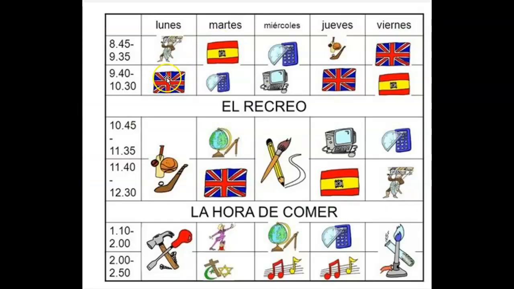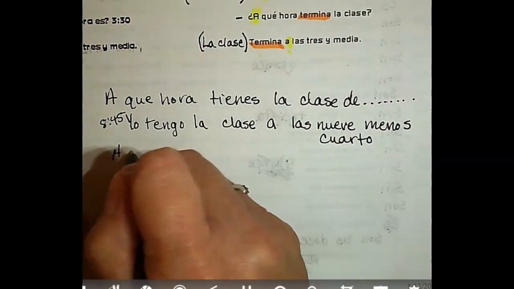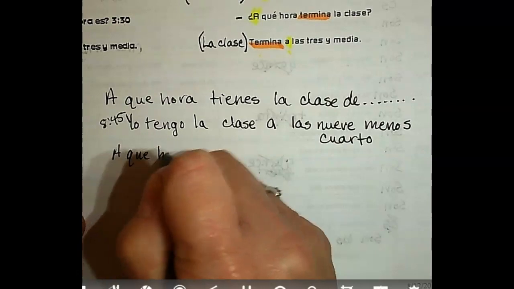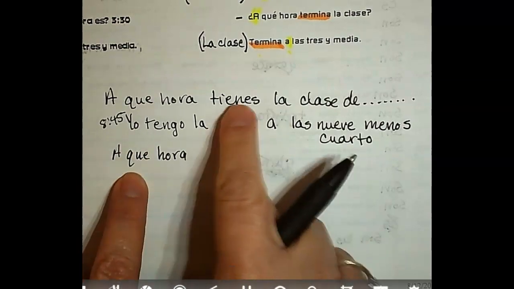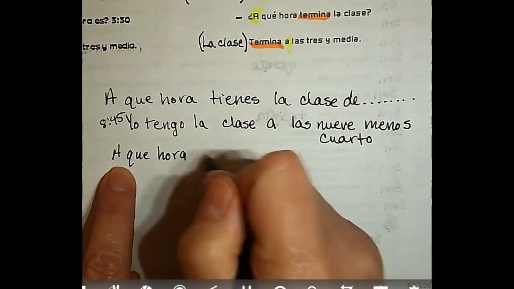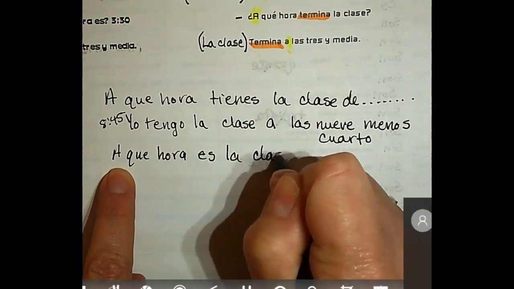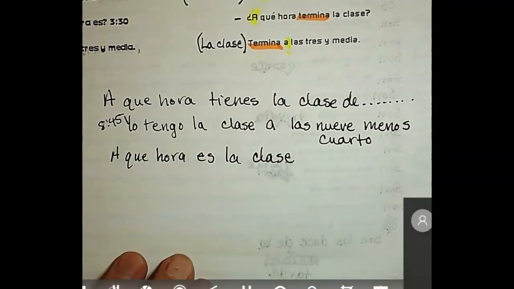Let me ask you, at what time is English? Okay, so my question, at what time is English, would become ¿A qué hora? Now, what verb do I need for is? This was at what hour do you have? Now I want what hour is. ¿A qué hora es la clase de inglés? Right? So what time is the English class?